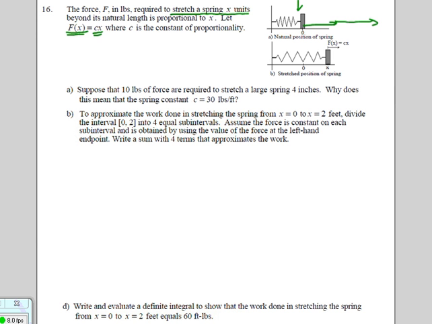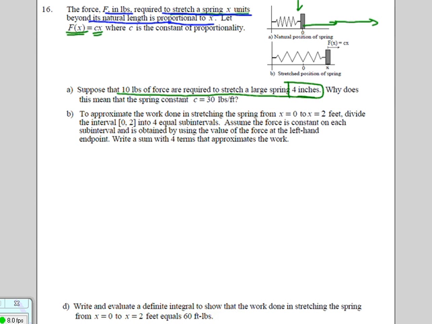So to start off, it says, suppose that 10 pounds of force are required to stretch a large spring 4 inches. Well, we know here that the force required to stretch a spring x units beyond its natural length is proportional to x.